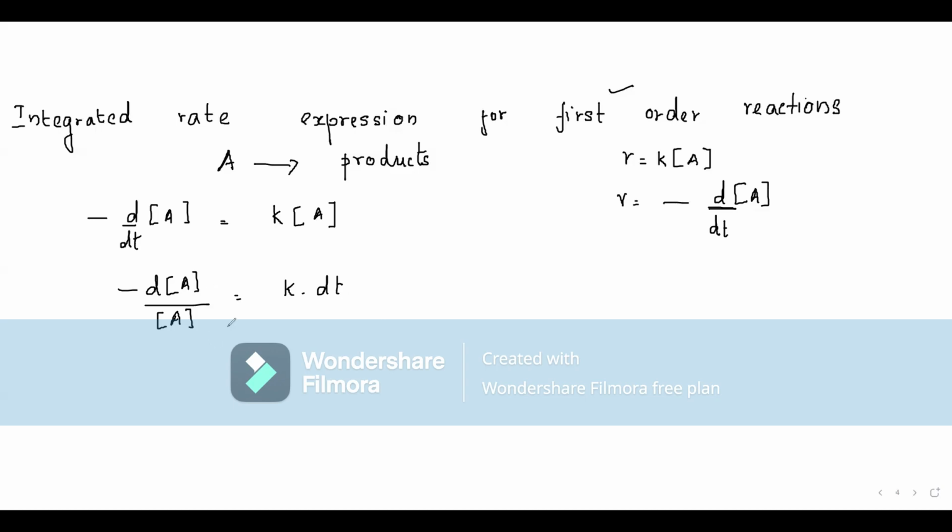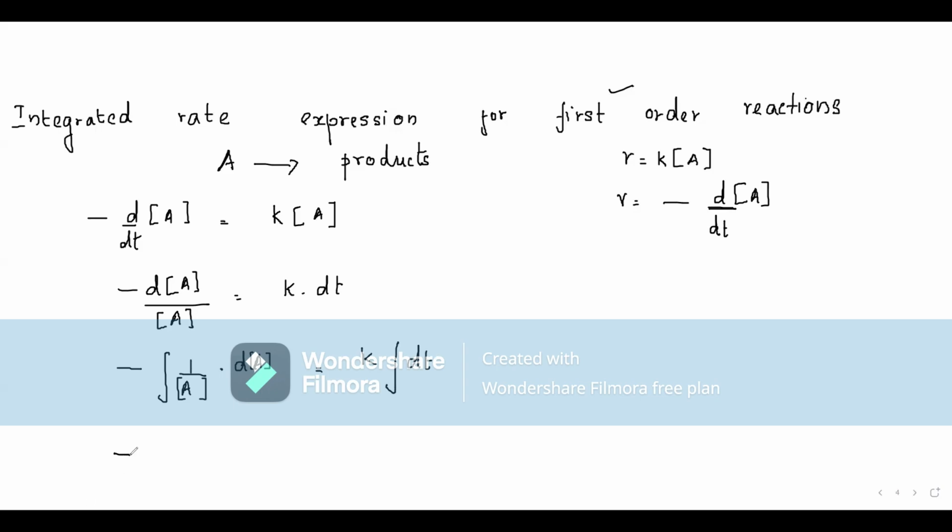This dt is a very small interval of time, and dA is a negligible change in concentration. But I need the rate for the entire reaction. So we are integrating. So minus integral 1 by A with respect to dA, that is equal to K integral dt.